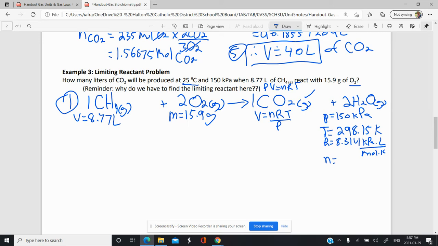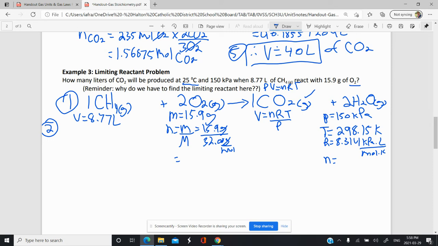And so I'm going to write out a couple things here. Step 2 is going to be to find the number of moles of each reactant. So let's do that. For this one here, the number of moles is equal to mass over molar mass. And that's going to be the 15.9 grams over the 32.00 grams per mole.